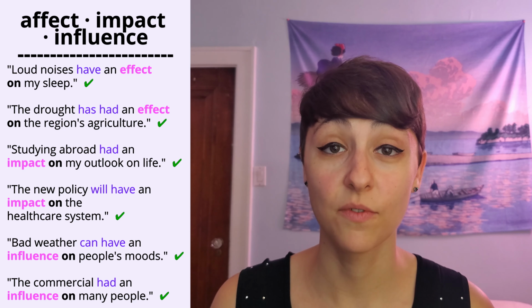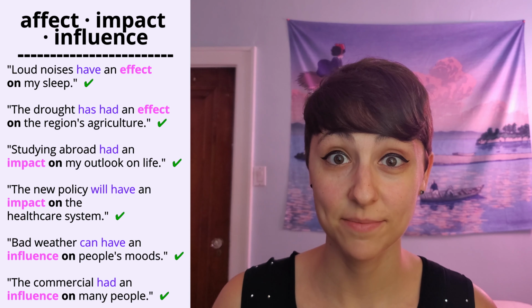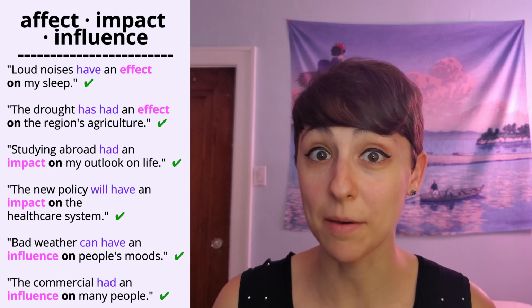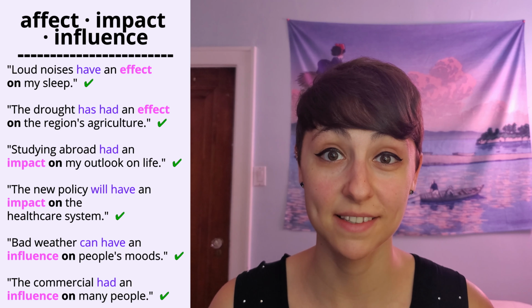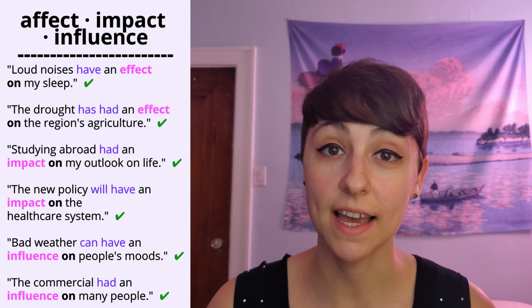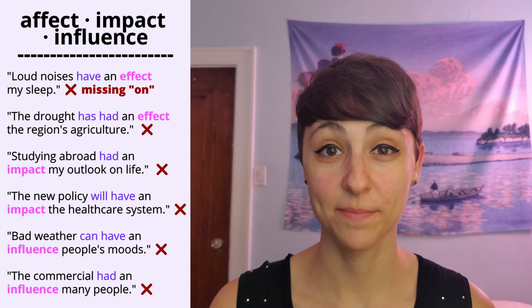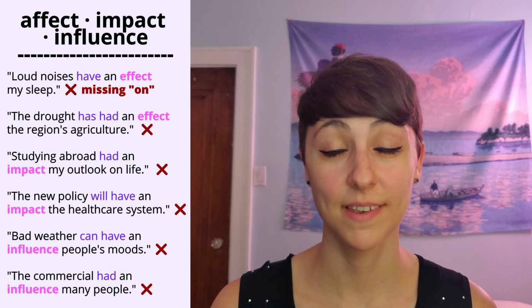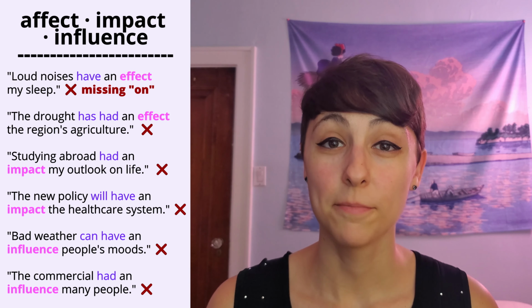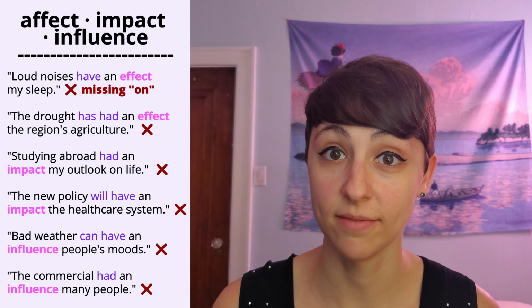Notice the need for an indefinite article with these nouns: an effect, an impact, an influence. That's another hint that these are being used as nouns and not verbs. As you can see, these sentences are incorrect because they do not have the preposition on.